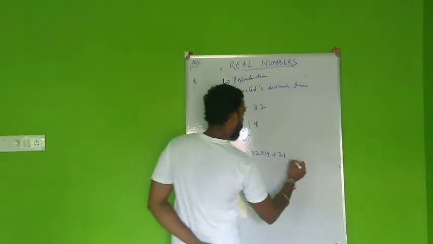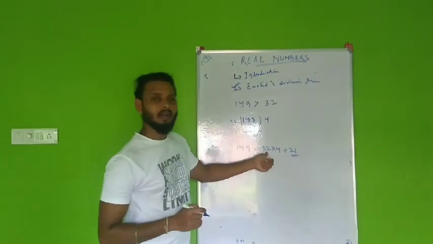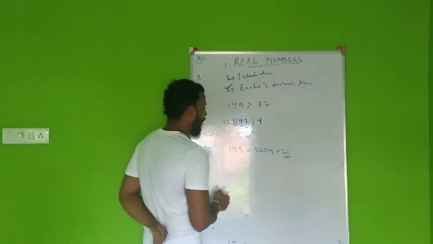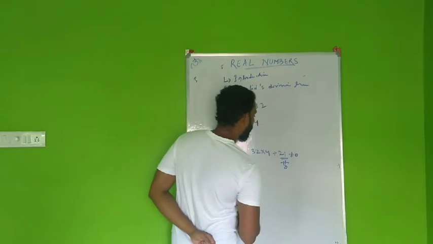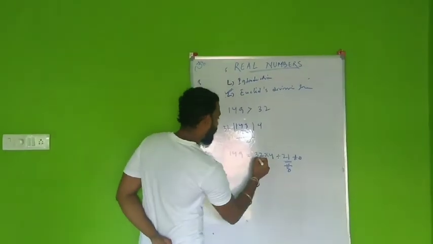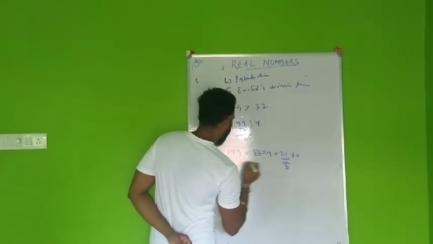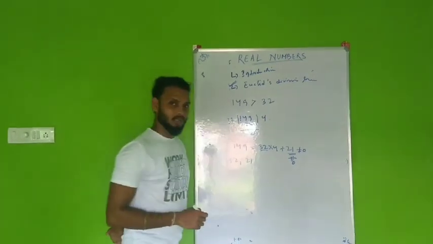And obviously this 21 is greater than 0 and less than 32. So this is not equal to 0. That means I will be considering the second step, that is, I will be using Euclid's lemma for 32 and 21.